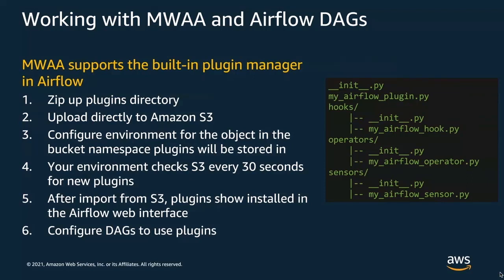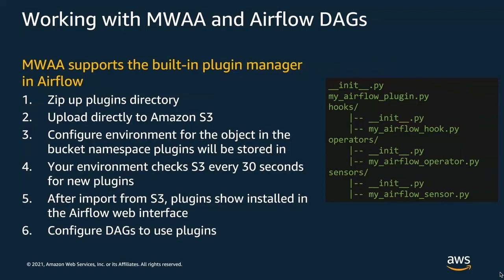Now, in terms of getting your plugins to Airflow, it works very similar to the DAGs. You would zip up a plugin directory. The structure of this is covered in the documentation. It looks a bit like the example that you see here on the right-hand side of this slide. You upload that directly to your Amazon S3 bucket for your environment.